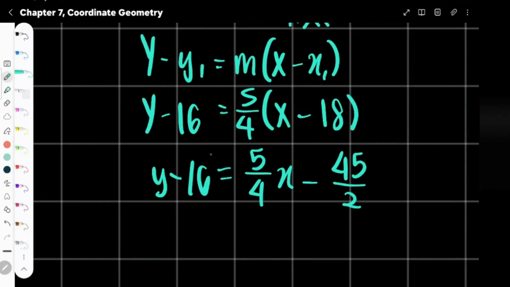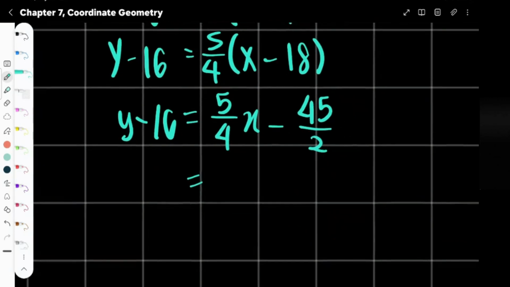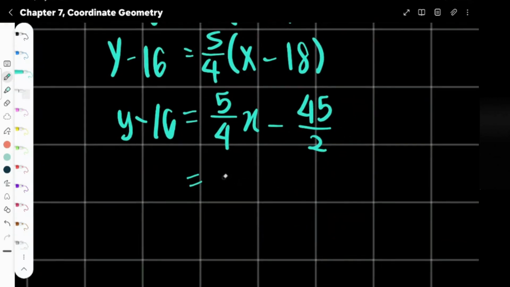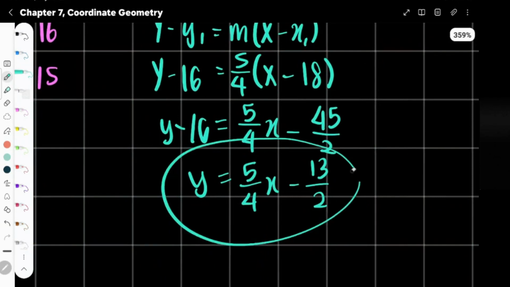This is negative 16, move to the other side, become positive. So this one here will plus 16. So negative 45 over 2 plus 16 will become negative 13 over 2. So let me write again. And y. Ta-da, you finish. So this is the equation.